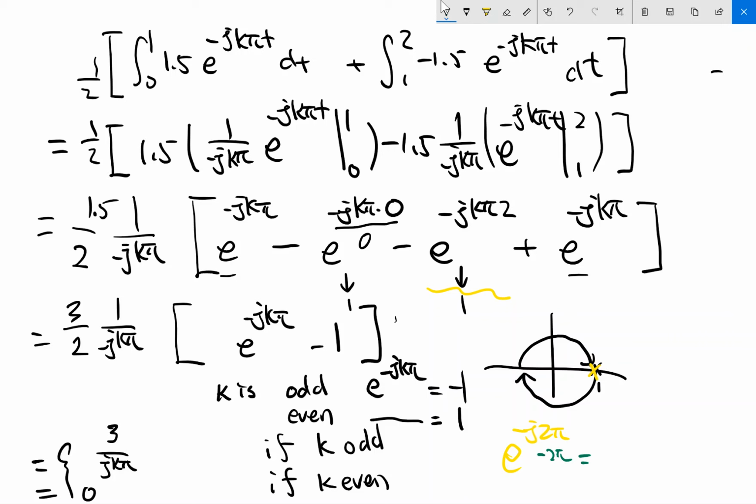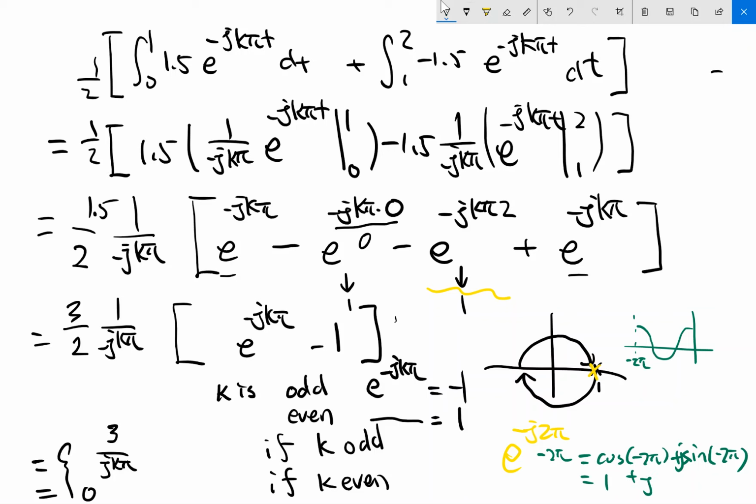So this equals cosine of minus 2 pi plus j sine of minus 2 pi. Cosine looks like this, right? So here you reach minus 2 pi, and this is 1.